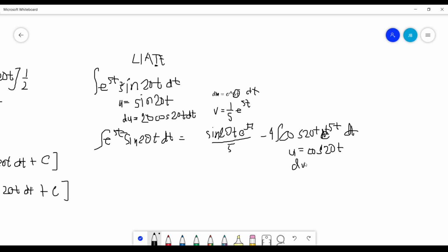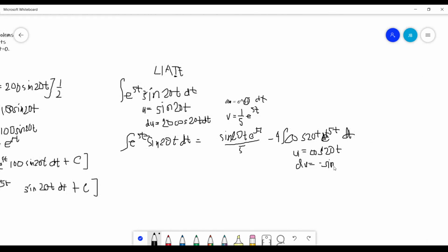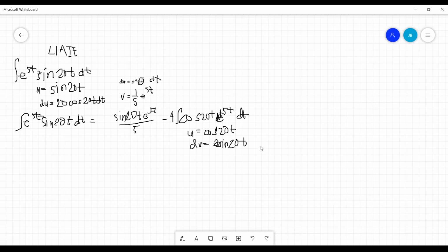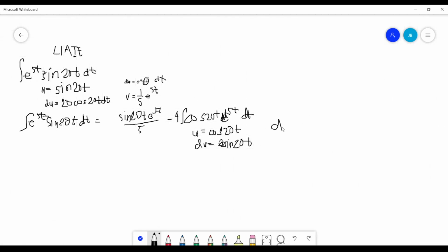Your du is negative sine 20t multiplied by 20, so negative 20 sine 20t. And then our dv is equivalent to e^5t dt. If you integrate that one, you will arrive at 1 over 5 e^5t.